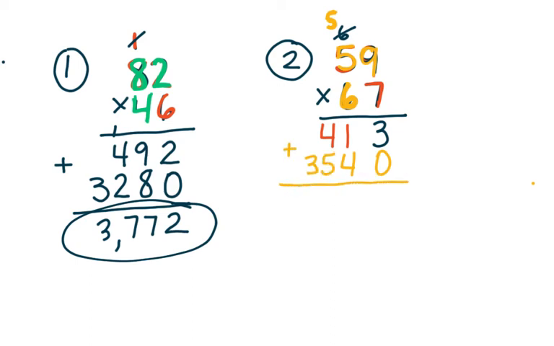Now what we're going to do is add those numbers together. 3 plus 0 is 3. 4 plus 1 is 5. 4 plus 5 is 9. And bring down your 3. So our answer to 59 times 67 is 3,953.